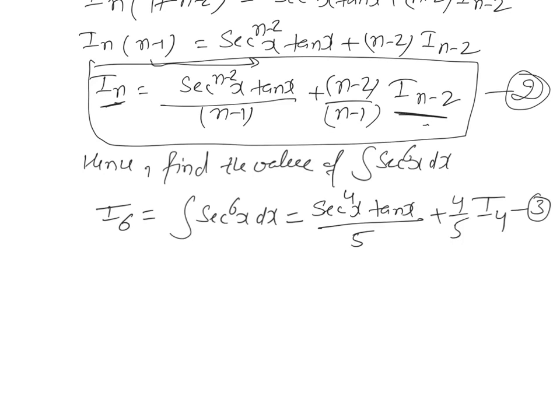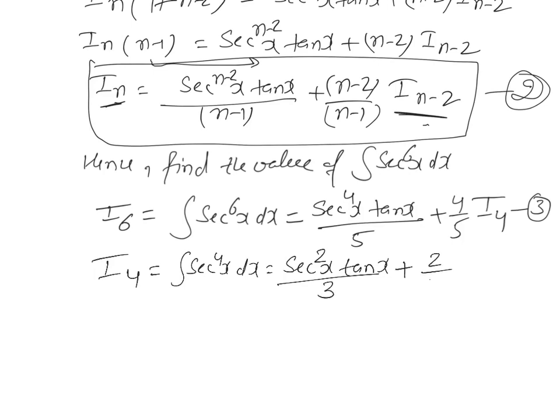Now I_4 is again calculated by formula number 2 with n equal to 4. Using formula number 2 for n is equal to 4, I_4 is equal to secant^2 x tan x divided by 3, plus 2/3 I_2.